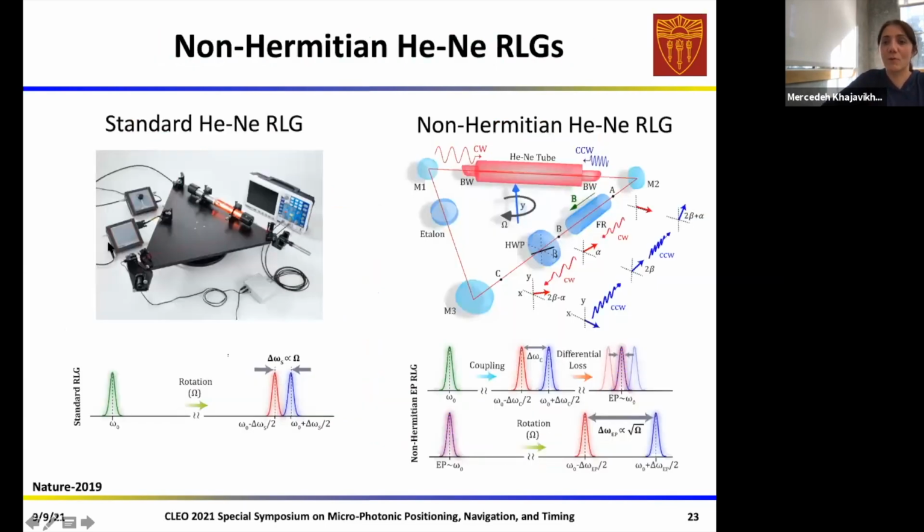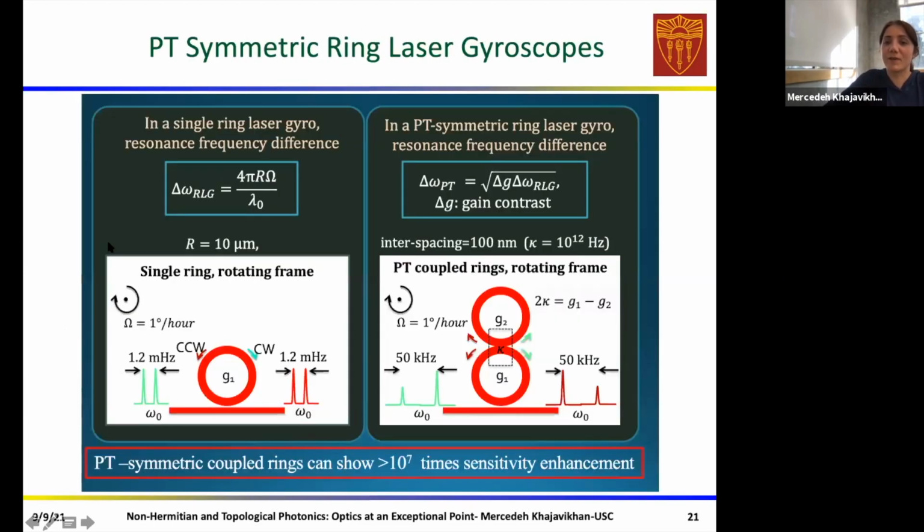Okay, so when you do the detuning, you actually push one of the systems to go to the more lossy system. Remember at the very beginning we had the two eigenvalues, one of them seeing more gain and the other one seeing less gain. So it is the same principle.